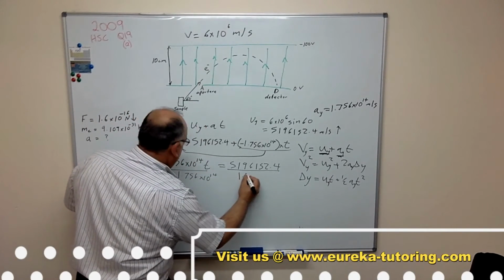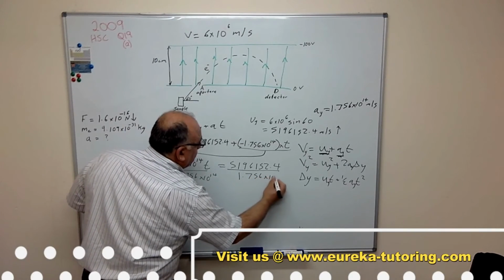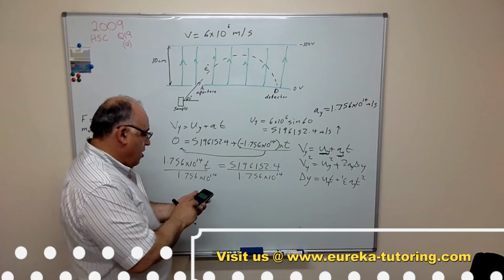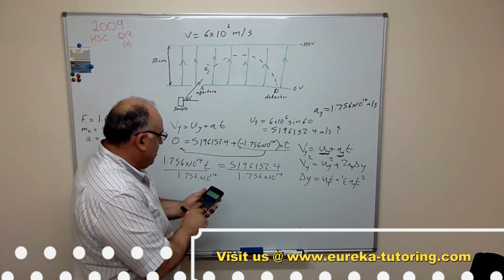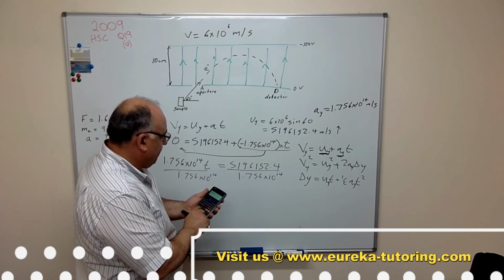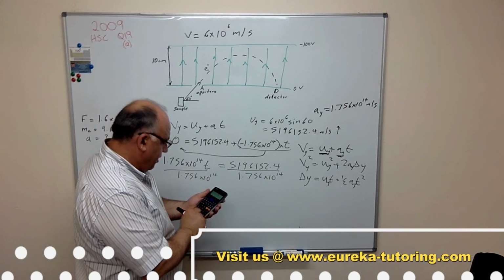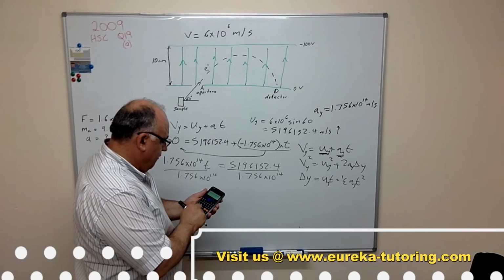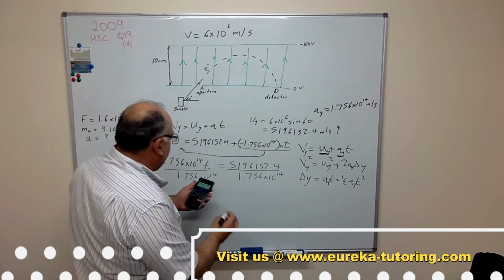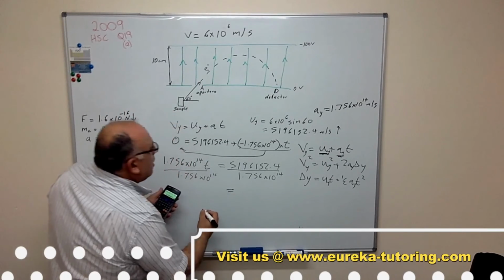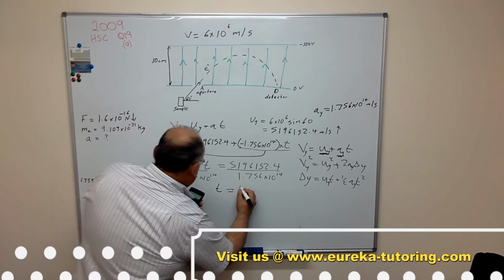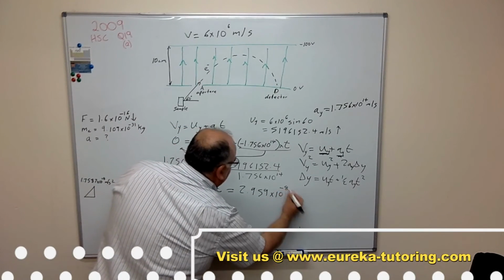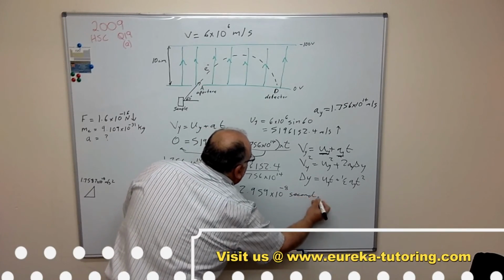Get that handy calculator out, and we get 5196152.4 divided by 1.756 times 10 to the 14, and we get a time of 2.959 times 10 to the negative 8 seconds.